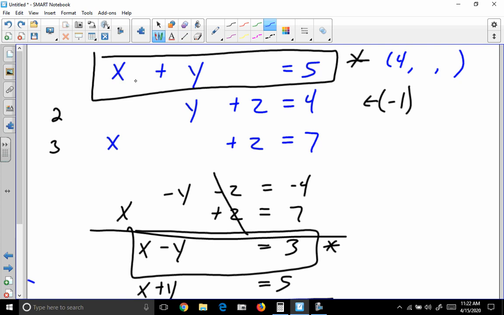If we back substitute it into the first one, 4 plus what makes 5? 4 plus 1. So that gives us y. If we plug in a 4 for x here, 4 plus what makes 7? Well, 3. So now we have all 3 variables. Notice that y plus z, 1 plus 3 is 4 as well. So yes, that ordered triple works for all 3 equations.